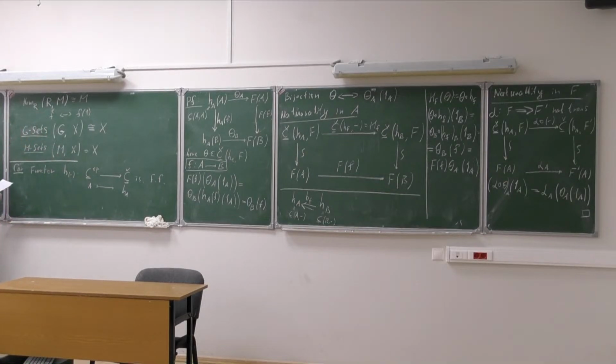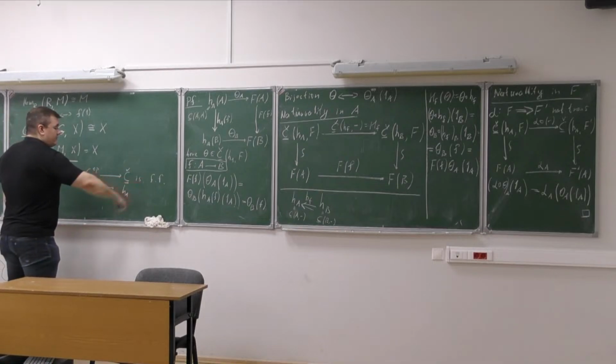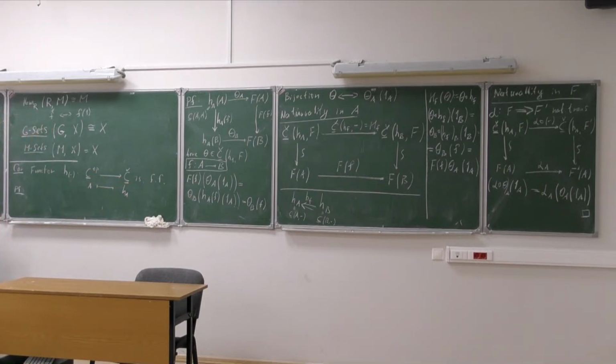Okay, so this means that you can always consider a category being fully faithfully embedded into the category of all functors to the sets. And the proof was of course very simple. Well, to say that the functor is fully faithful, we need to say that it induces a bijection on the Hom sets.